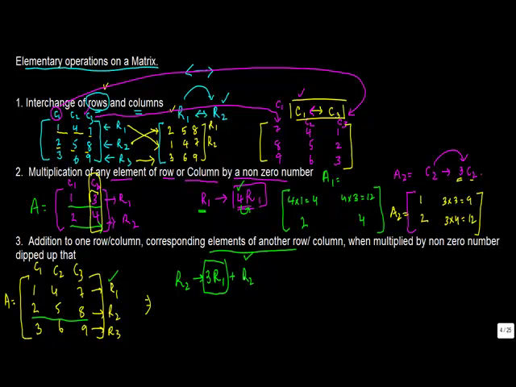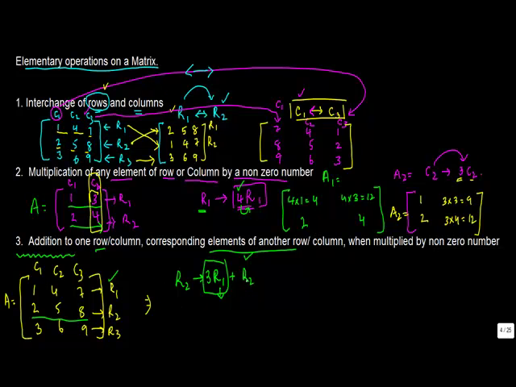This is the original one. You add on, to one row, the corresponding elements of another row, which is R1 when multiplied by a non-zero number.